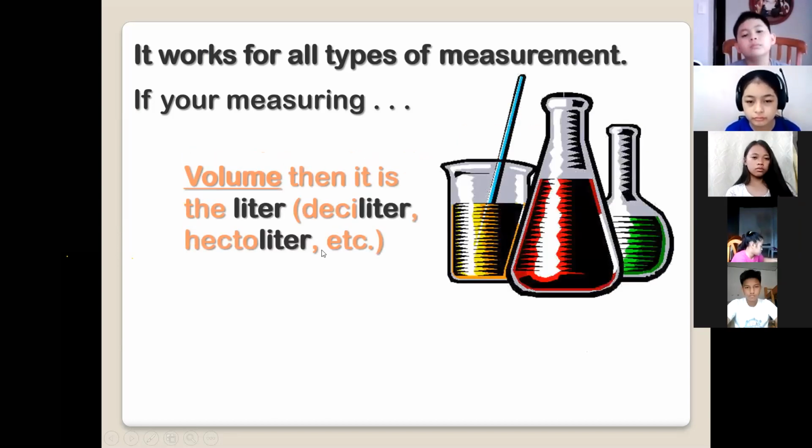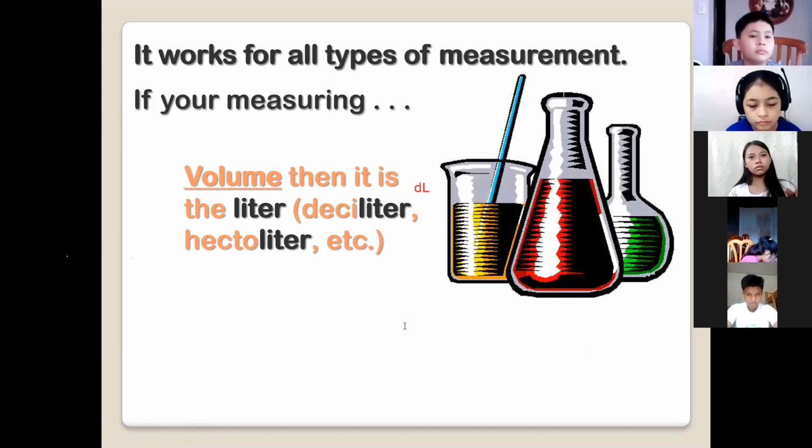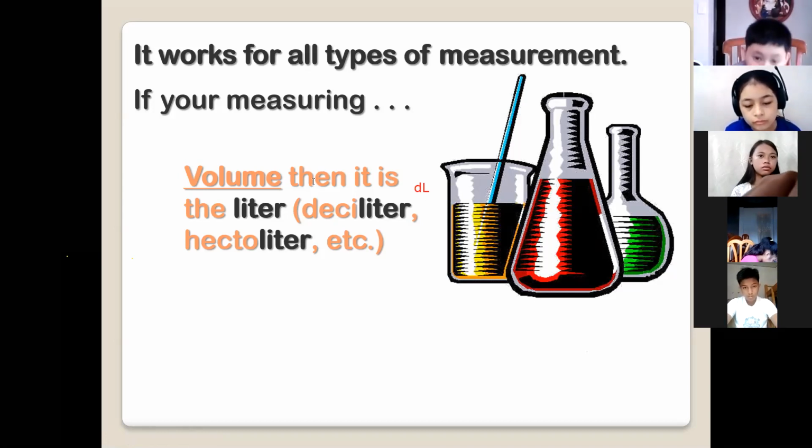What about volume? Volume is using the base unit liter. The symbol for liter, by the way, is capital L. Unlike grams, which is small letter g, and meter, which is small letter m, the symbol for liter is capital letter L. So when we talk about deciliter, the symbol is dL, small d, capital L. Then hectoliter: adding the prefix hecto to the word liter comes the measurement hectoliter.